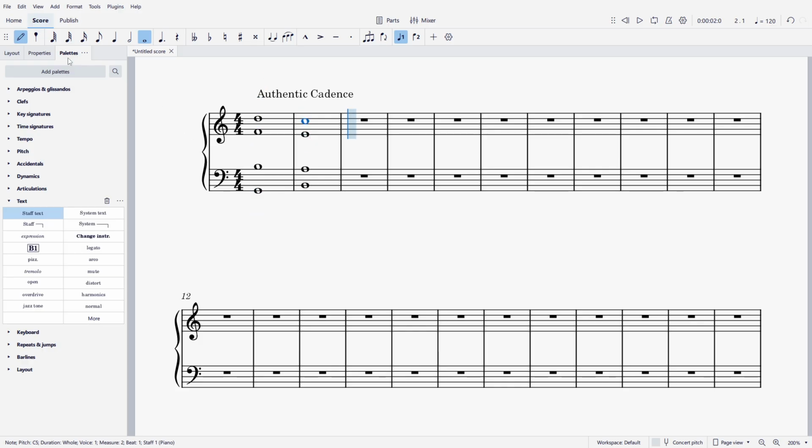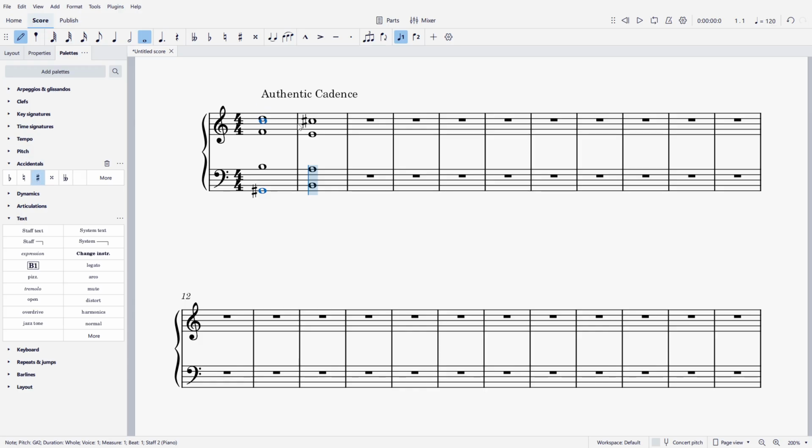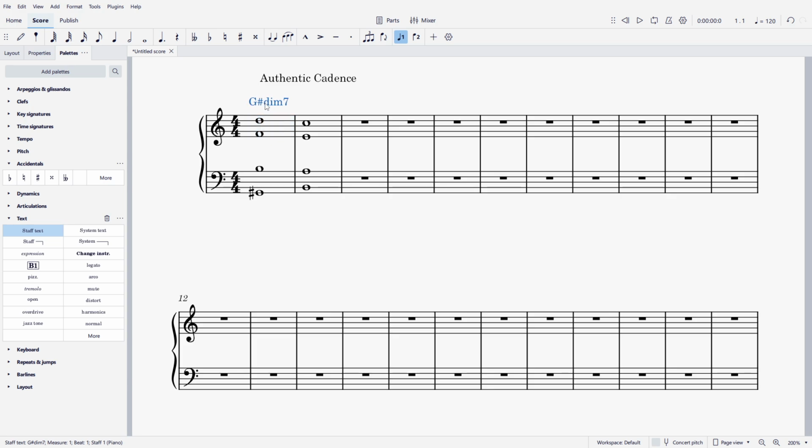And of course, we need to have a sharp in here. Accidentals, we need a sharp. So that's G sharp diminished seventh. I haven't covered a lot on the minor scale. I will in the near future. And an A minor chord.